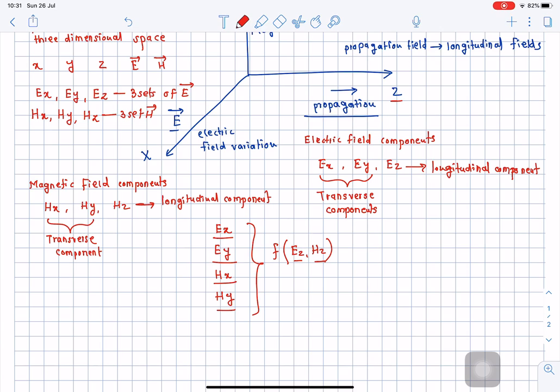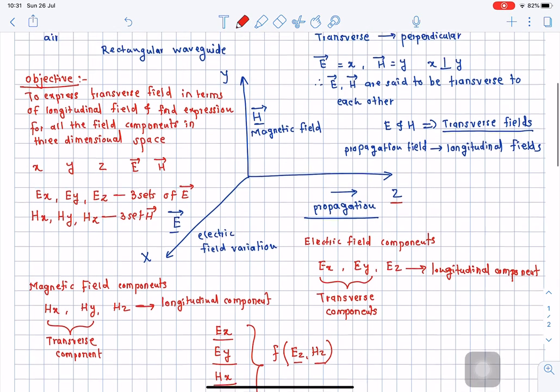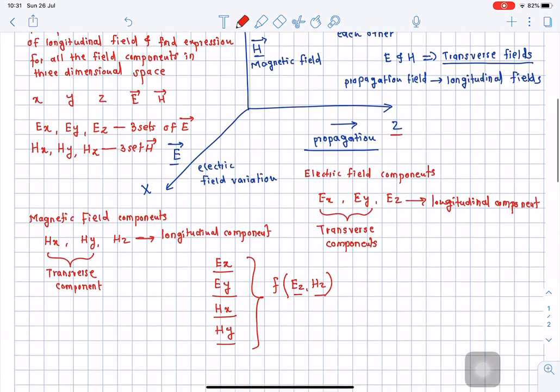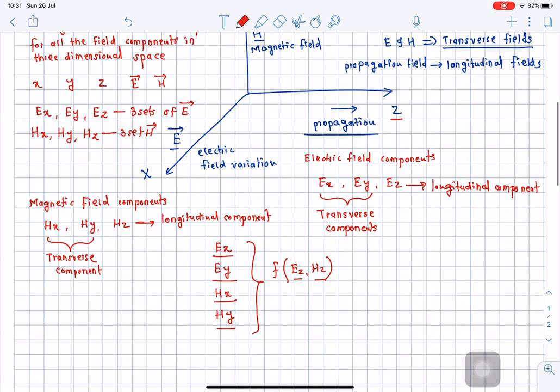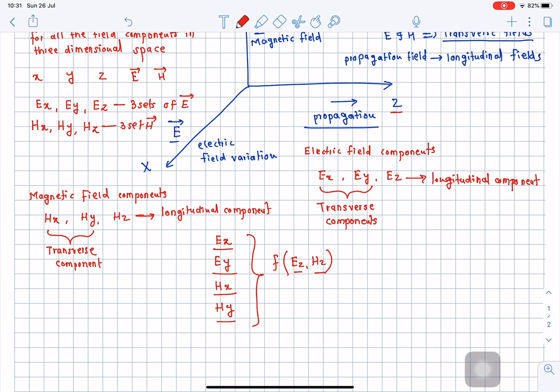All of these are called transverse components, please remember. I hope you understood the objective of today's derivation.